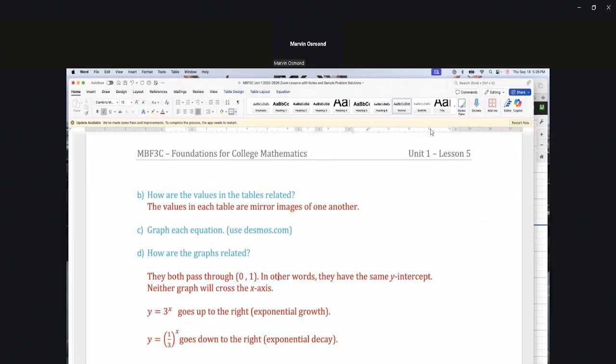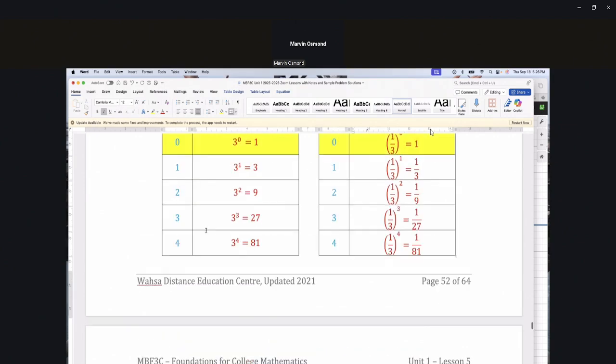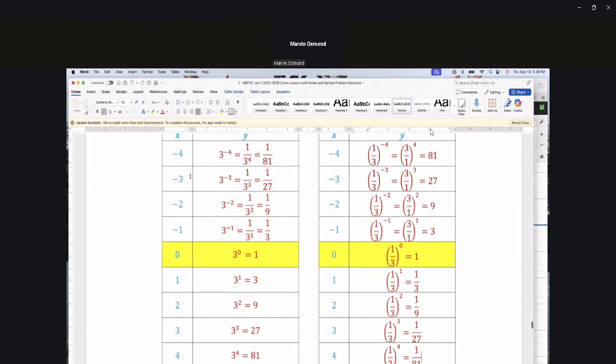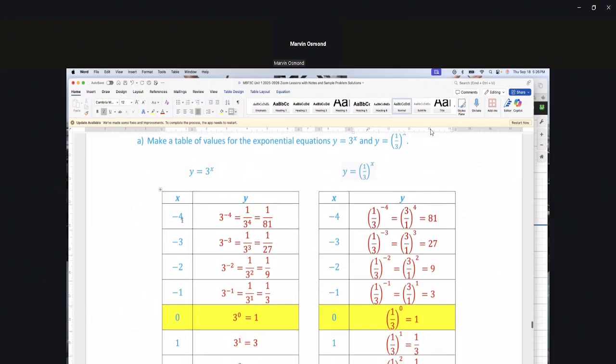Even though it looks like it, if you look at the table of values, it doesn't matter what the value of x is. You can make it negative 1,000. You'll get a really, really small number, but it won't be 0.